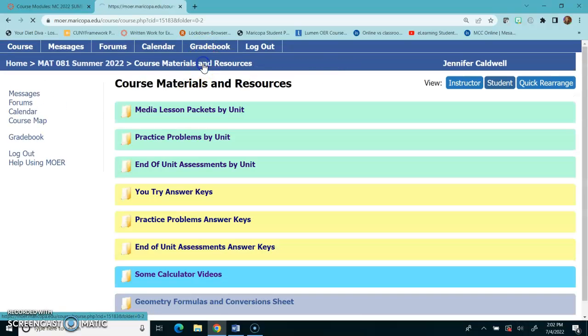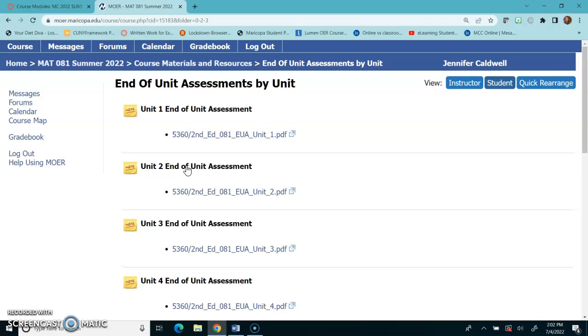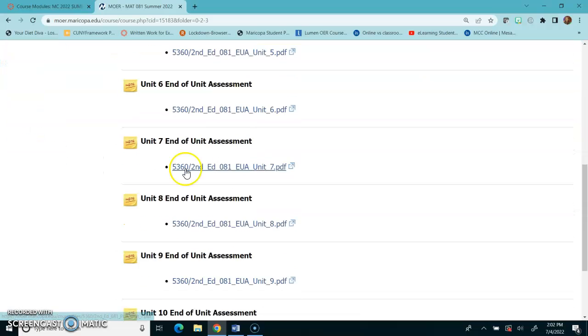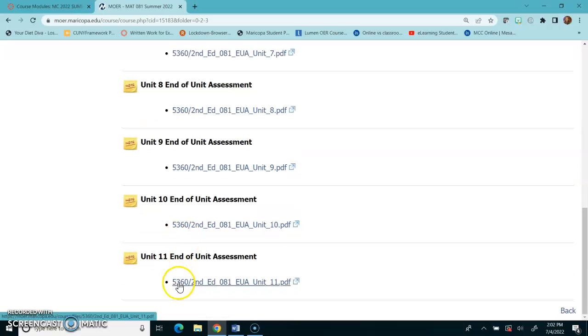If you go back to course materials and resources, there's also the end of unit assessments. These are practice tests basically that you can take for each unit. So you could take the practice test for unit 7, unit 8, 9, 10, and 11. Again, that's just a way for you to practice and see where your strengths are for units 7 through 11, and also what areas for improvement you might want to focus on.